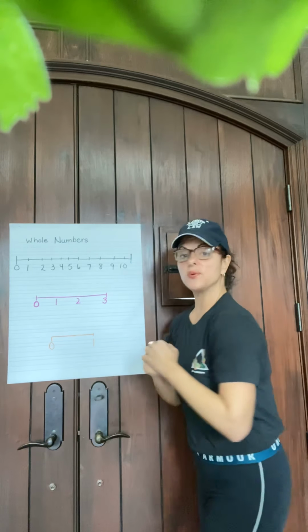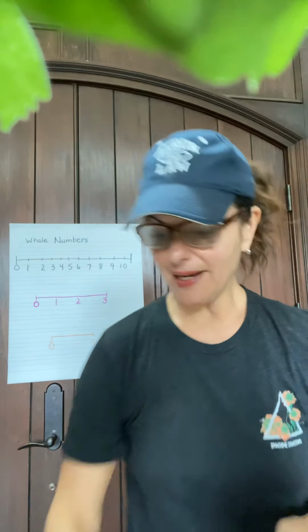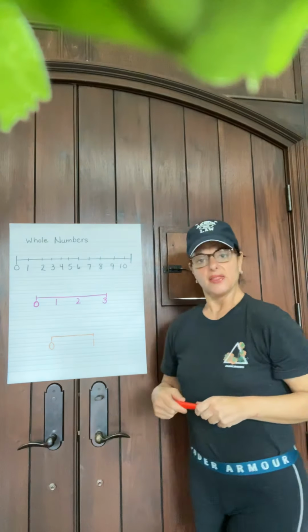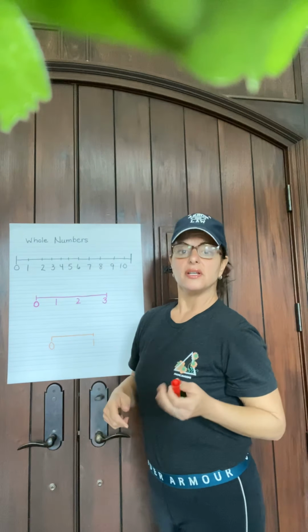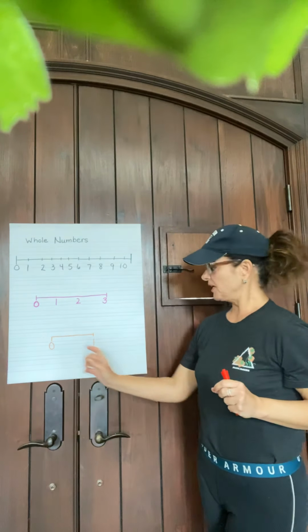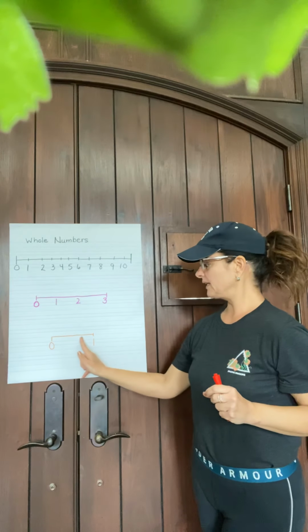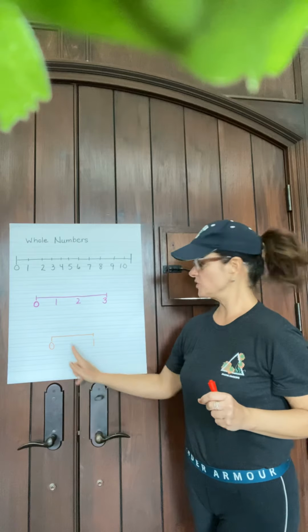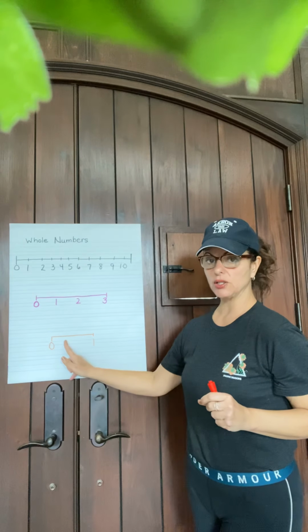The reason why I did that is to show you that there's a lot of numbers that we can put in between the whole numbers 0 and 1. There's a lot of things we can put in here.